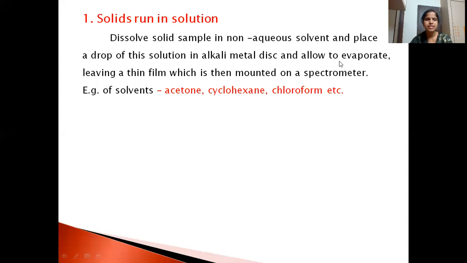The solvent will get evaporated. Then that film is taken and mounted on a spectrometer. The solvents we generally use for this are acetone, cyclohexane, and chloroform. All these can be evaporated very easily.